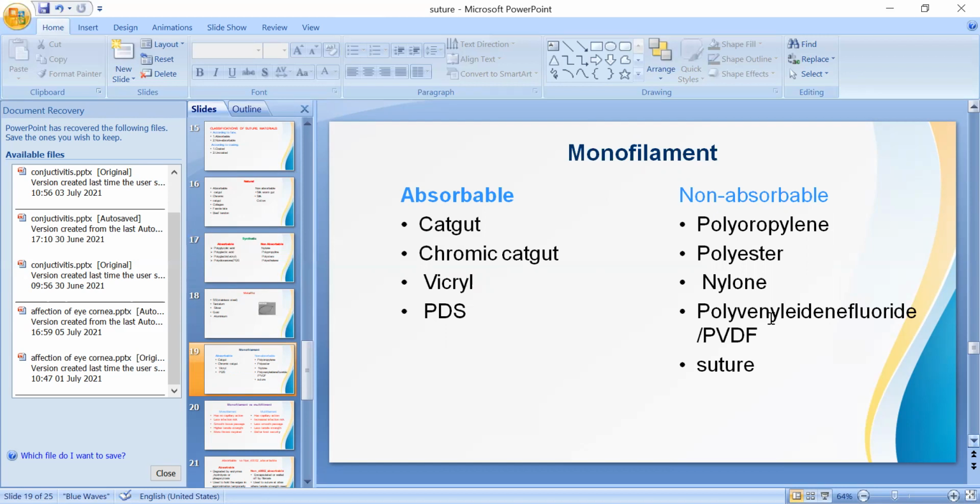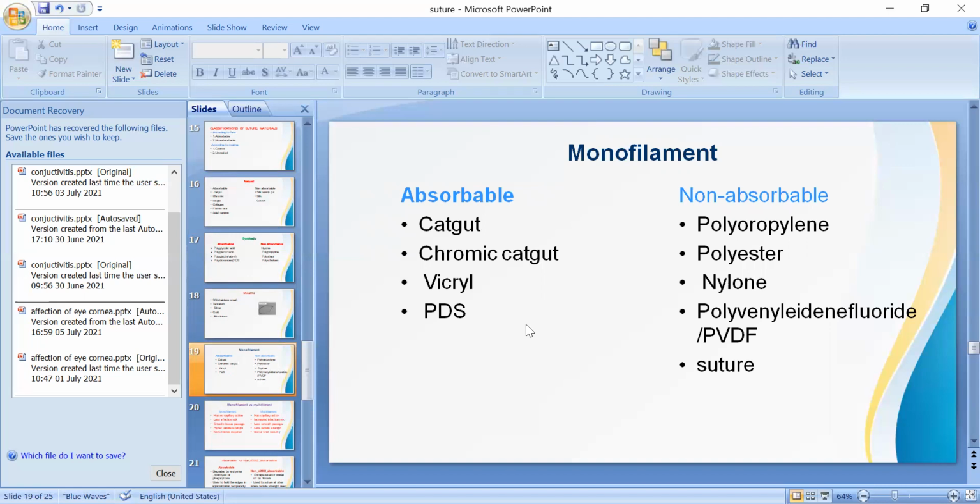Monofilament means non-braided. So under monofilament, absorbable and non-absorbable. Under absorbable, there is catgut, chromic catgut. Chromic means coated with chemicals, and Vicryl and PDS.